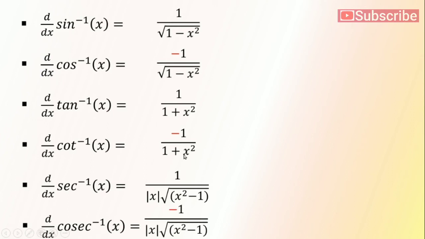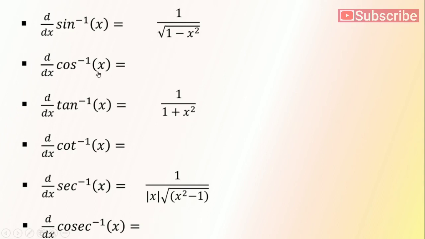So this is how you can remember all this. Just remember these three. Rest are here. Just put a negative sign, here negative sign, here negative sign with this. Okay. So remember this one. What is here? 1 by root over 1 minus x squared. Okay. Then this one with minus sign.